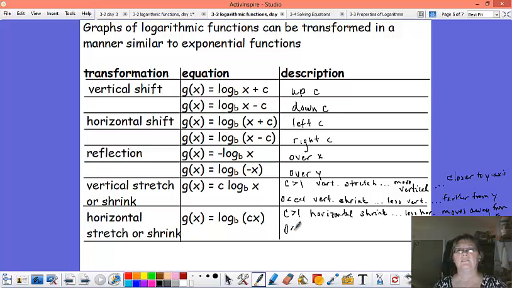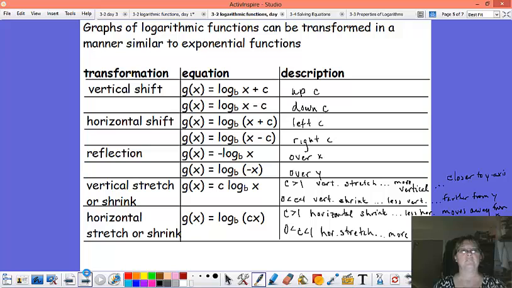When that multiplier, sorry, is between 0 and 1, this time we grow horizontally, so it's a horizontal stretch. That is, it gets more horizontal, or it moves closer to the x-axis. All right, very good. And you'll remember those rules from before, so that's just a little trip down memory lane.